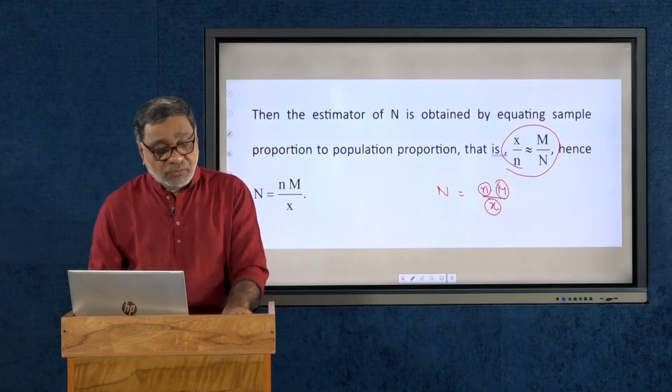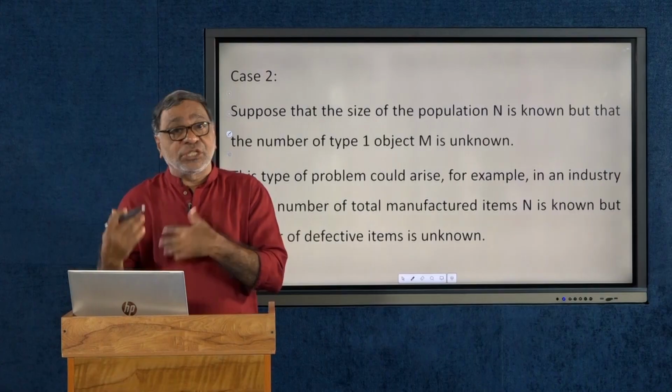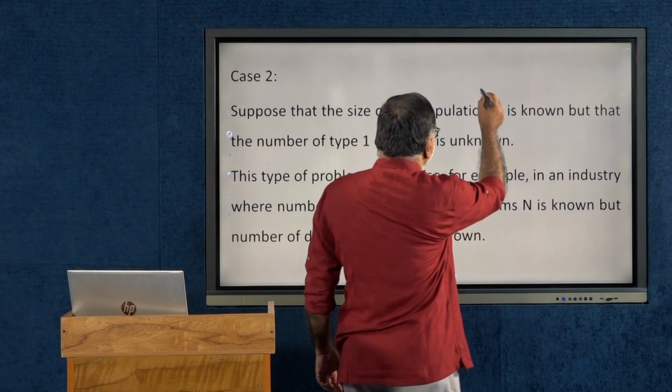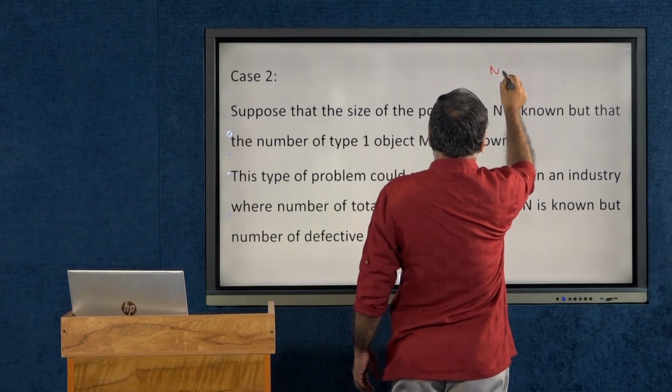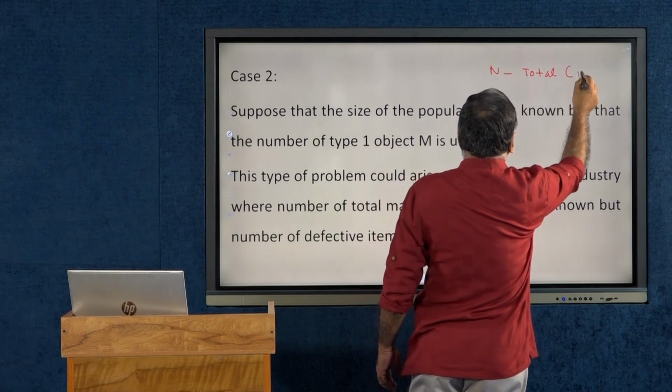And again, we can use the hypergeometric distribution in the second situation, that is, suppose the size of the population capital N is known, that is, the total number of items is known, but the number of type 1 objects is unknown.